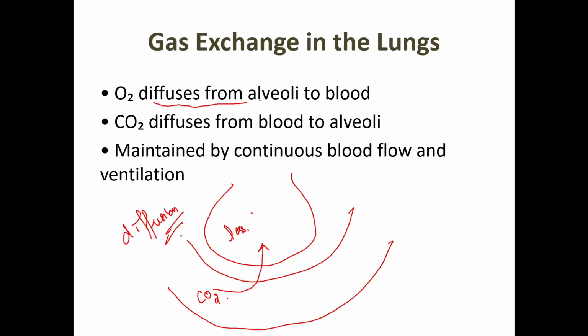So oxygen diffuses from the alveoli to the blood, whereas carbon dioxide diffuses from the blood to the alveoli, maintained by continuous blood flow and ventilation. What is the meaning of ventilation? When there is a gas exchange between the system and the surrounding, that is called ventilation.